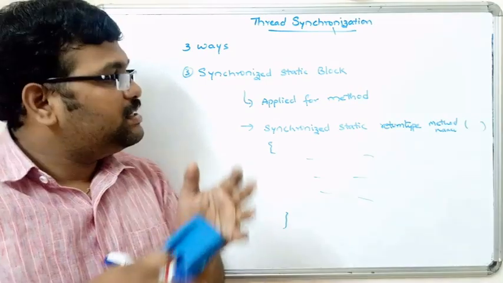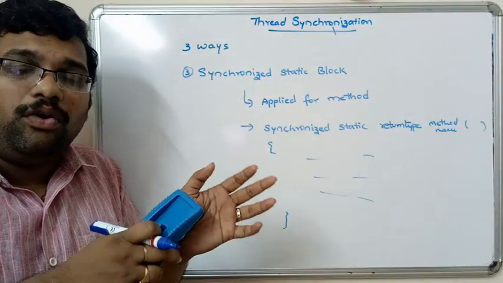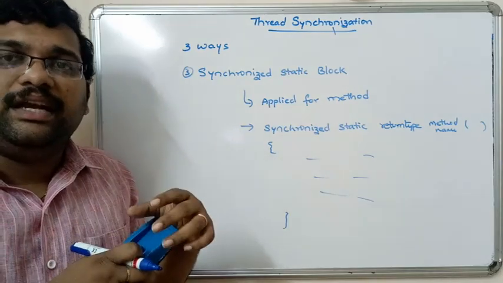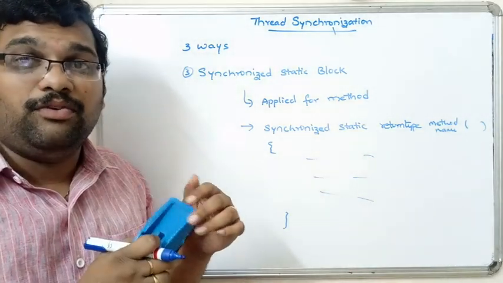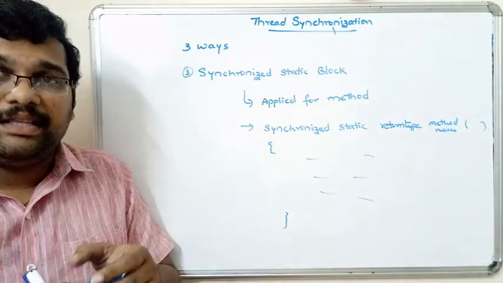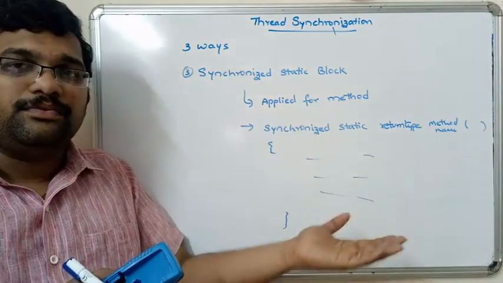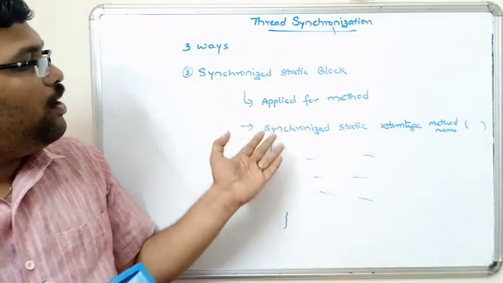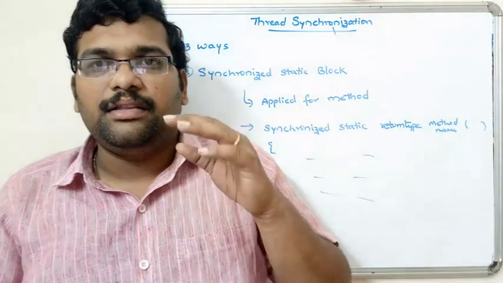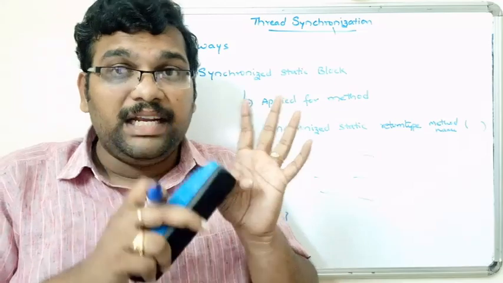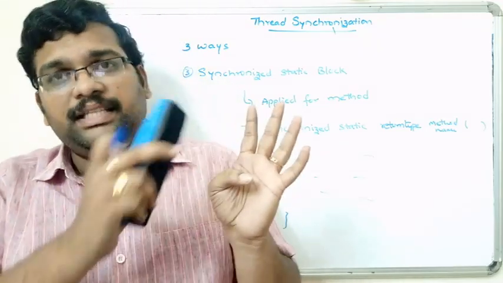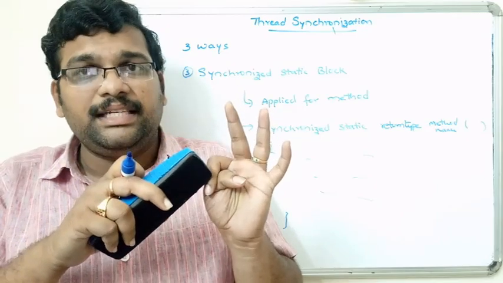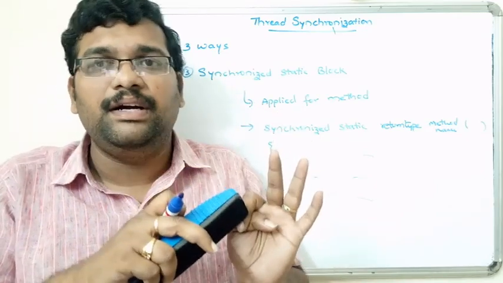Right? So for this we will use a different code for implementing the multi-threading, and then we will see these three approaches. So first we have to learn how to create a multi-threading, and then we will go with the thread synchronization, right? So first one, multi-threading for this synchronization concept. Next, thread synchronization using synchronized keyword.